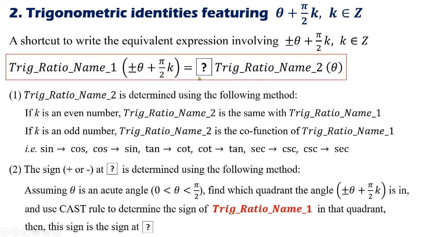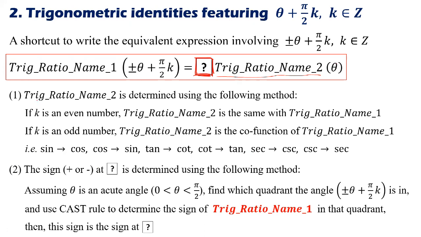This is actually equal to positive or negative, we have a positive or negative sign here. This sign is to be determined, right? And then followed by a trigonometric ratio named 2, and the angle is theta.